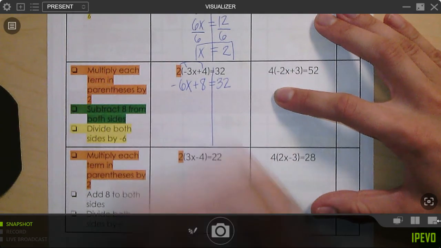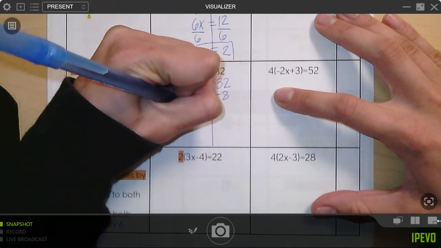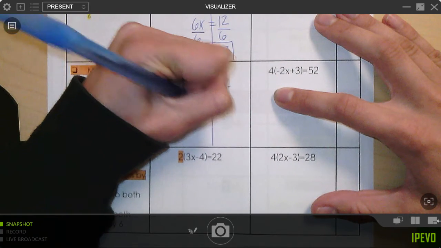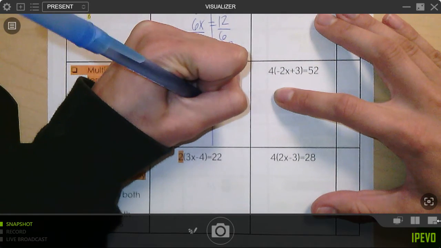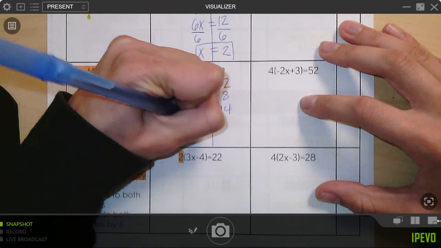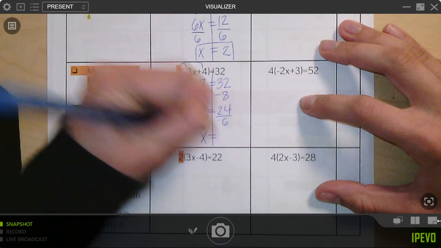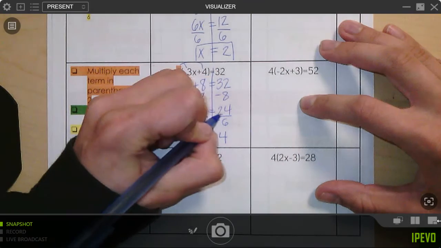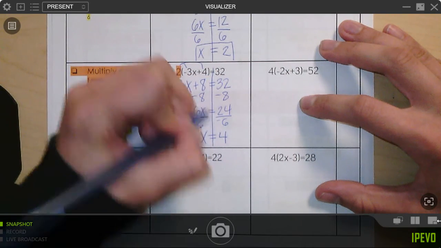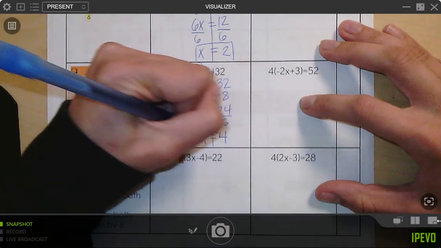All right, next we need to subtract 8 from both sides. So we get negative 6x equals 24. And then we're going to divide by negative 6 on both sides. So we get x equals, sorry, that should be negative 4. Positive divided by a negative is a negative.